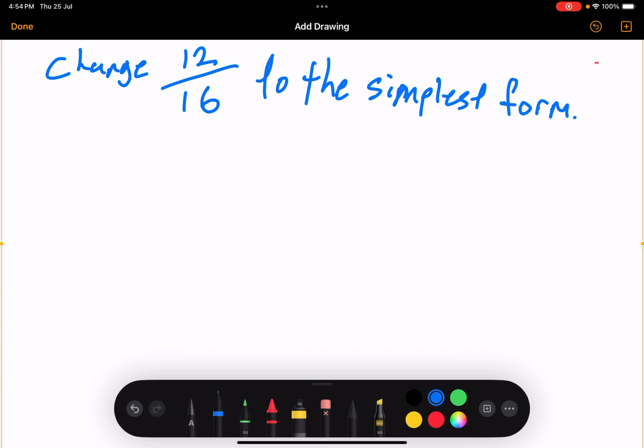Okay? To change 12 over 16 to the simplest form, we need to divide.